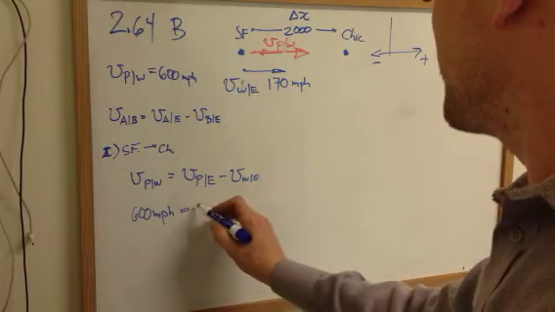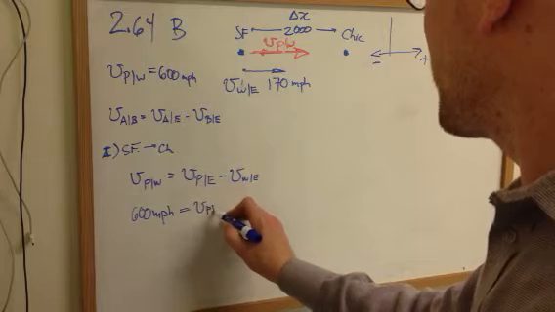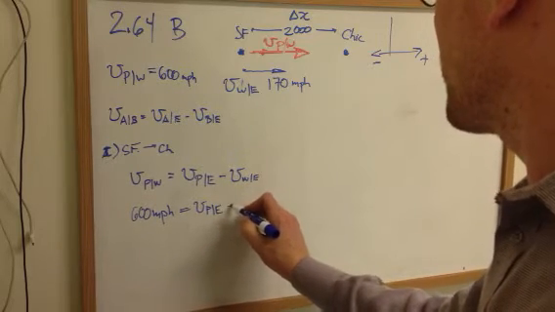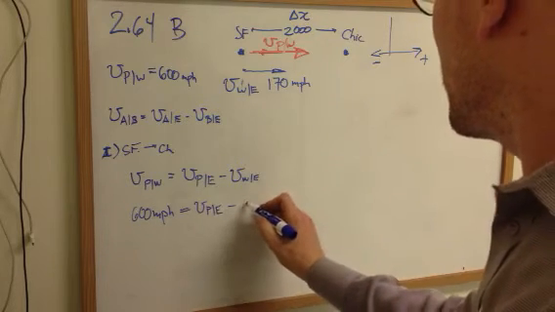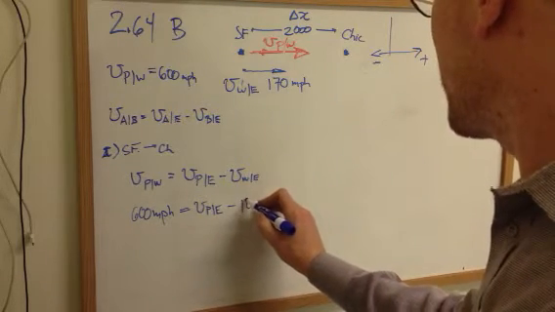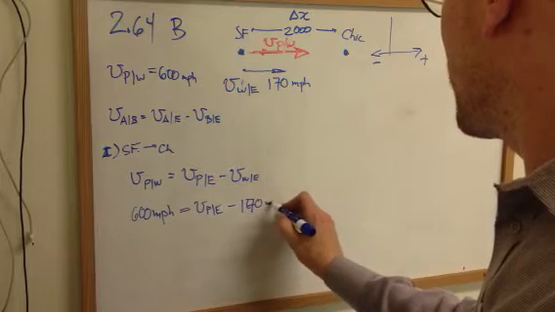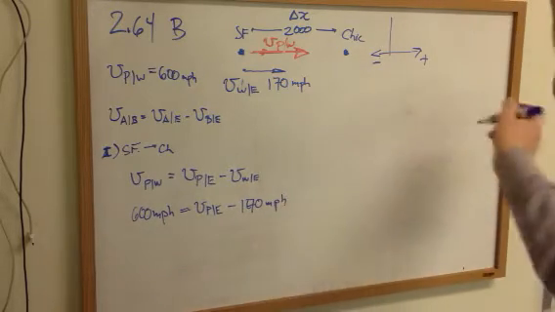Velocity of the plane relative to the Earth, that's what we want to find out. How fast is it really moving across the continent? Velocity of the wind relative to the Earth is 170 miles per hour in the positive direction.